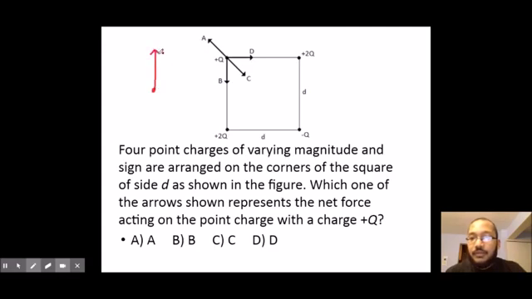The 2Q over here is exerting a force to the left, basically equal, but to the left. And now the force from this negative Q charge on this guy is down and to the right. It is a little bit farther, so that's why it's a little bit smaller. And so if you were to add these three things together, you would get that.